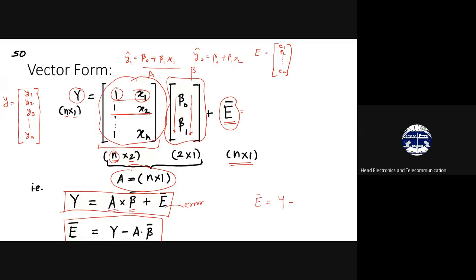Whenever I write small y, it stands for a single variable. Whenever I write capital Y, that means this is now a vector, because I know this is n by 1. So minus Y cap. This A into beta is the predictions, all the predictions for given input x.